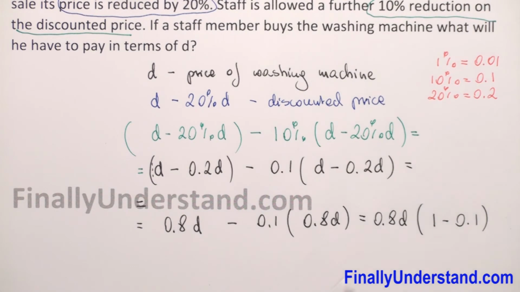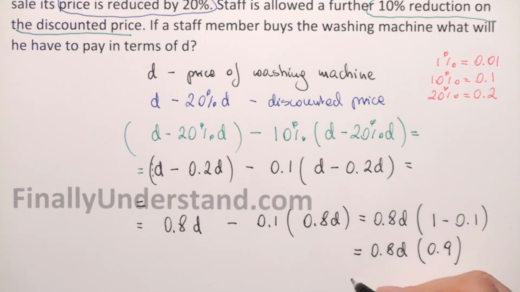I didn't change anything. So this is equal 0.8 D times 1 minus 0.1, which is 0.9. So now when we multiply 0.8 times 0.9, it is 0.72, and D we copy.